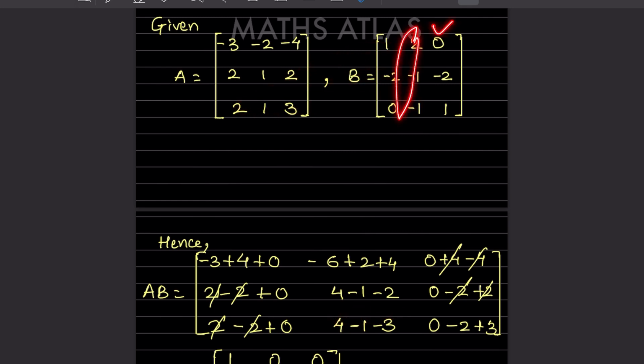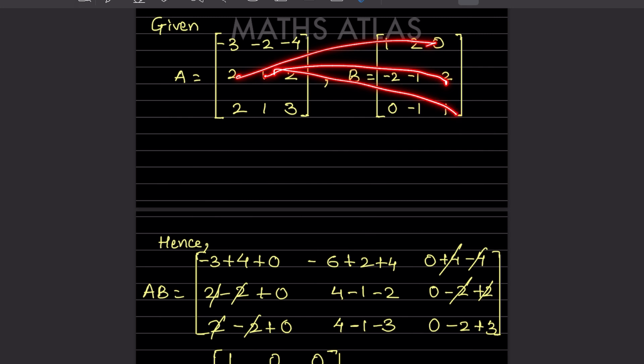So this is done, now for here: 0, 4, and here minus 4. 0, 4, minus 4. Then 0, minus 2, 3. So here 0, minus 2 and this 2, and then here 0, minus 2 and this is 3.